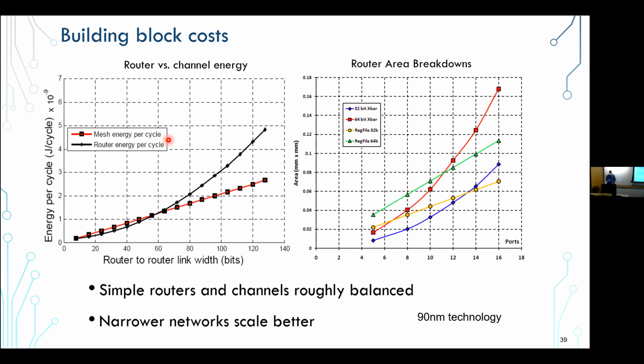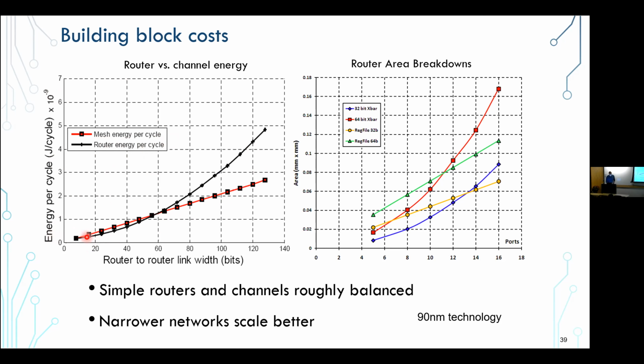And of course, in any technology, you can do this exercise. This was done a long time ago in 90 nanometer archaic technology, but it gives you some idea about what's going on. So for example, what we're doing here is looking at the whole mesh network, right? Because what we really care about is energy per cycle for the whole system.